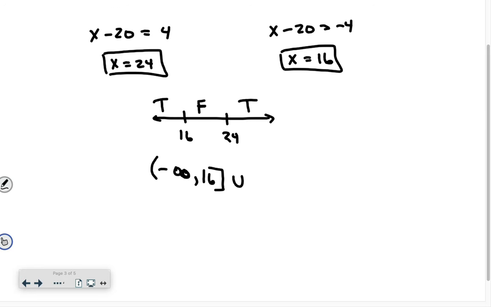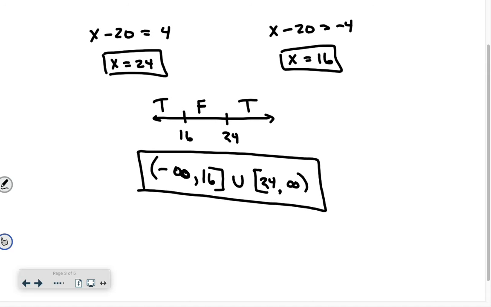Bracket or parenthesis? Bracket for the same reason. We're including 24, and it goes to infinity. It keeps going forever in the positive direction. Anything bigger than 24 will work. And there's your final answer to the problem right there. This is one of those or type of problems because we have the two intervals.